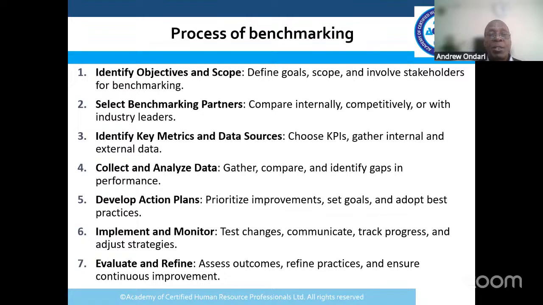So as you set out in this benchmarking exercise, you need to develop an appropriate tool that can be used to collect this data. And it is our responsibility as HR managers to task experts within our department to develop this tool.